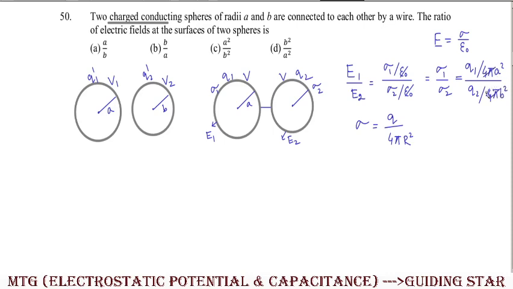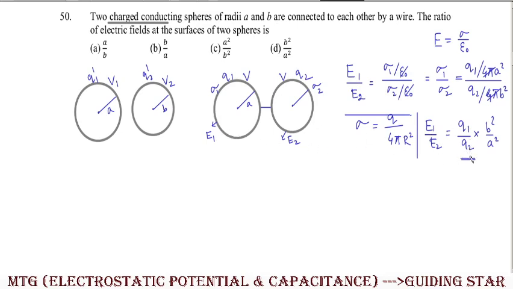So 4 pi will get cancelled out. Finally the ratio of electric field E1 upon E2 will be simply q1 upon q2 into b square upon a square. Clear? This is the ratio of electric field, but it is not completely in terms of the ratio of radii. So we have to once again find the ratio of q1 and q2.